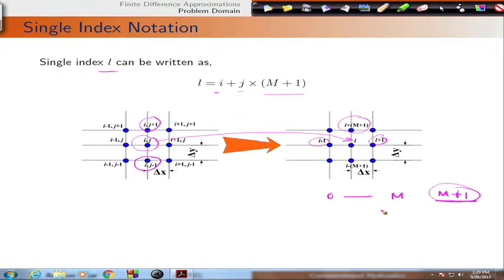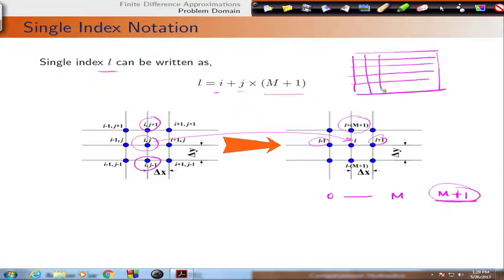So, with this information we can construct our grid system with 0 as the starting point, m here, and finally this will give the maximum number of points.